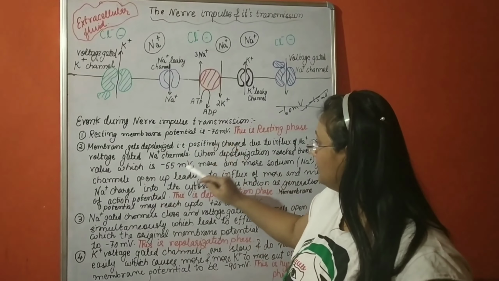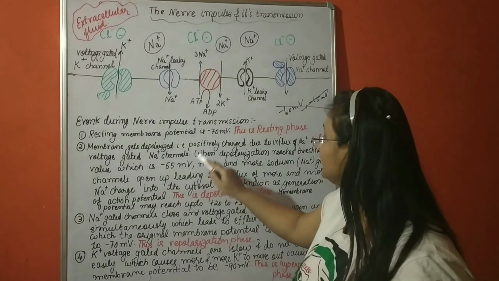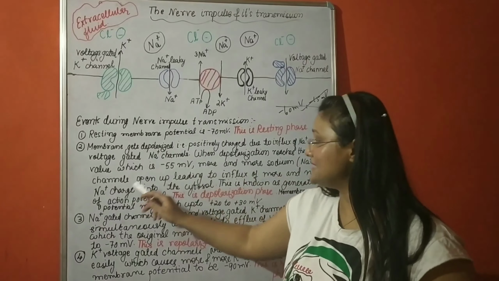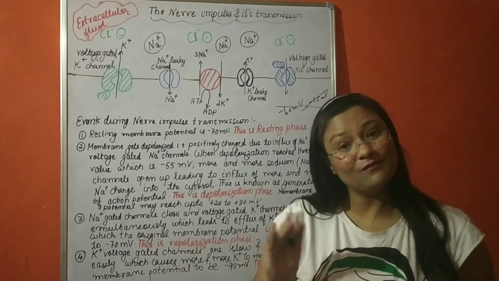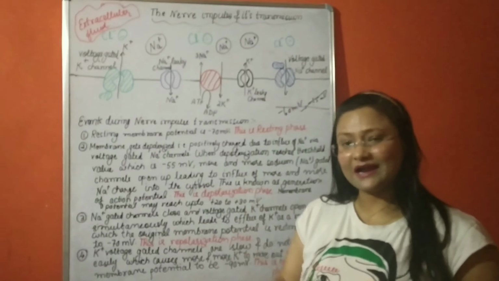And it doesn't stop here at minus 55 millivolts. After this threshold is reached, more and more sodium gated channels open up, which leads to the influx of more and more sodium charge into the cytosol.